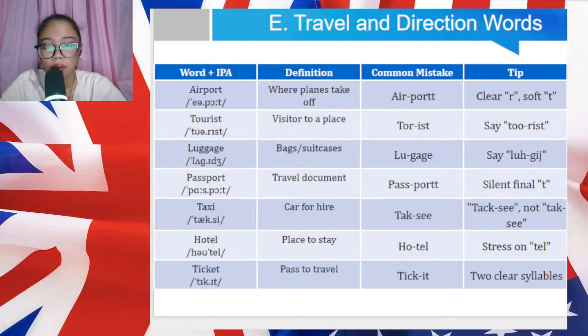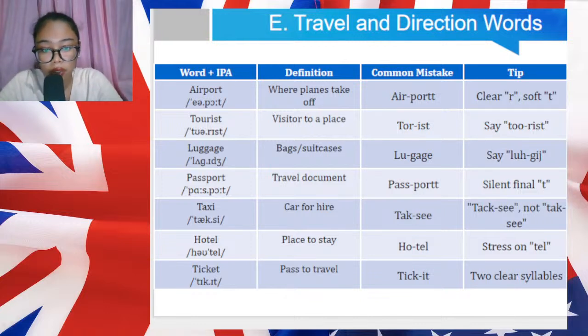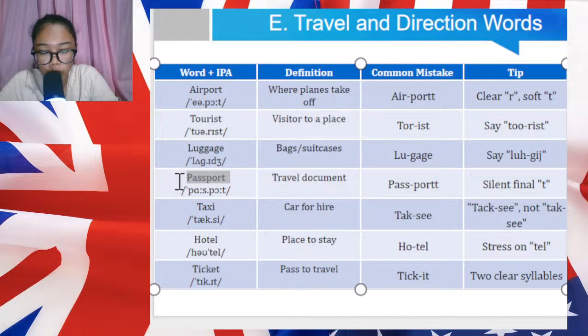But if we try to learn English pronunciation, we try to learn those that are generally accepted by many. So we say this word as passport with a T sound. All right. Is that clear?